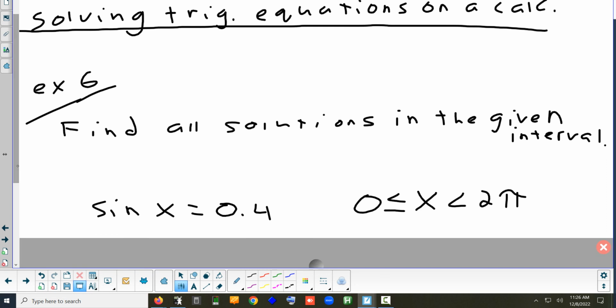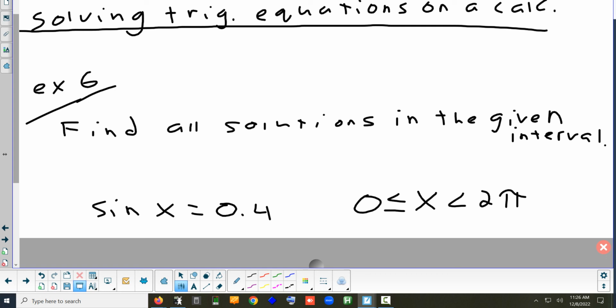And we've done this kind of thing before. We've got something on the left, we've got something on the right. When we graph here, what would we be looking for? If we wanted to find where the sine of x equals 0.4. Yeah? Intersection. We'd be looking for an intersection.